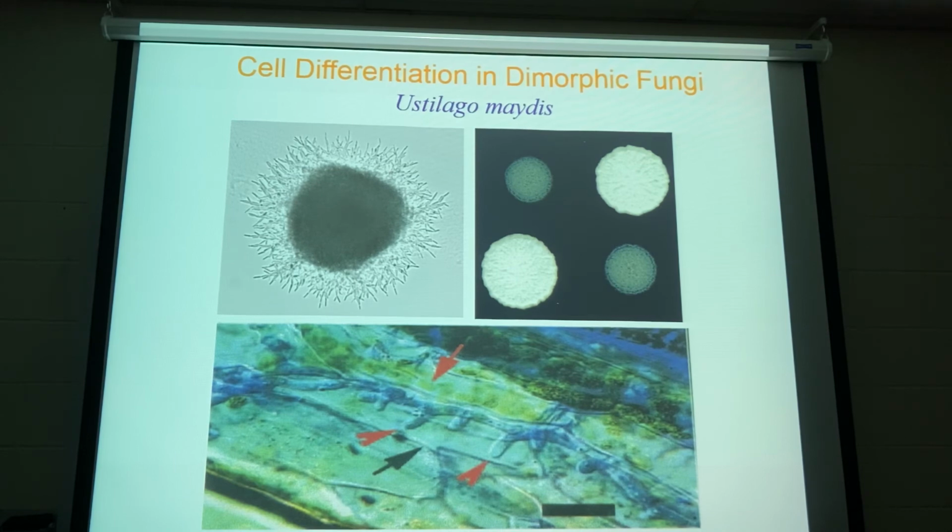So it's important for us to understand how that transition takes place, particularly if you're interested in diseases caused by fungi. All right, so we're going to talk about Ustilago and Saccharomyces, and also briefly bring up another smut fungus, Microbotryum violaceum.